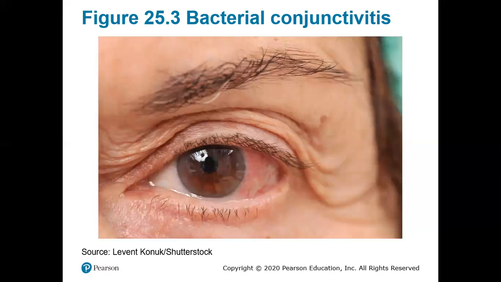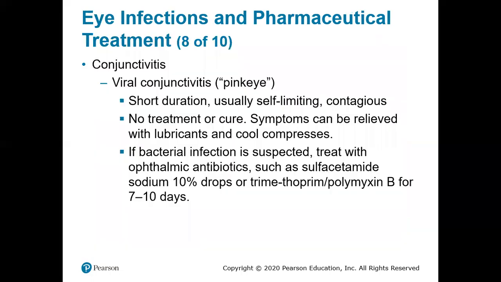Figure 25.3 is showing you a picture of bacterial conjunctivitis. You see the red going on in what should be the white of the eye. And we have viral conjunctivitis or pink eye. This has a short duration, usually self-limiting. It is contagious. No treatment or cure.